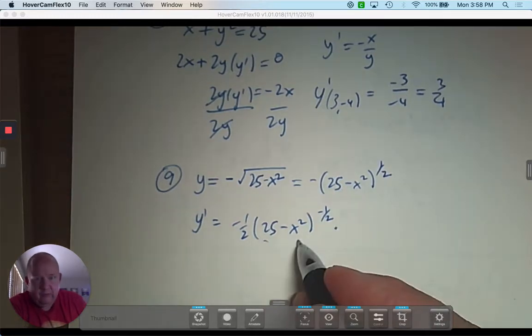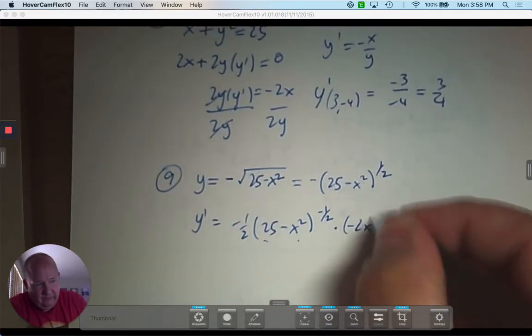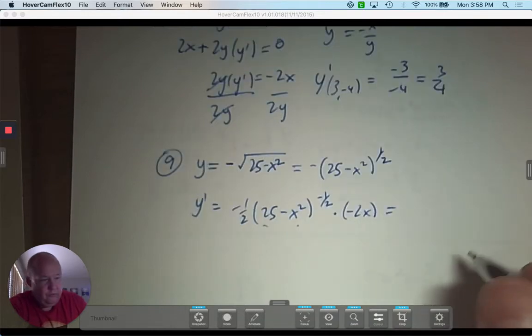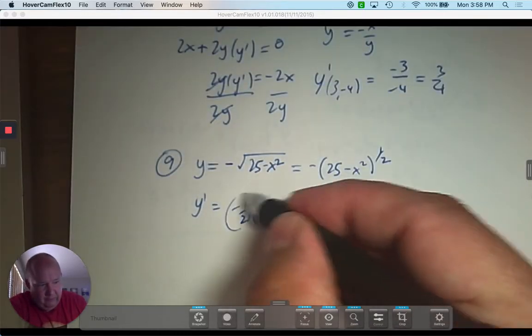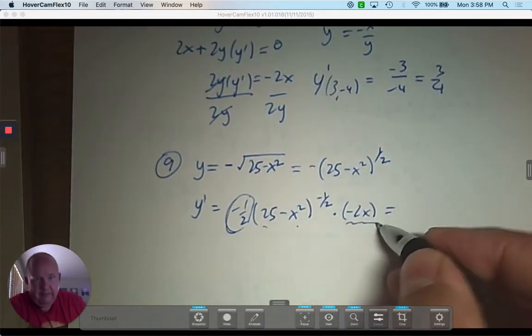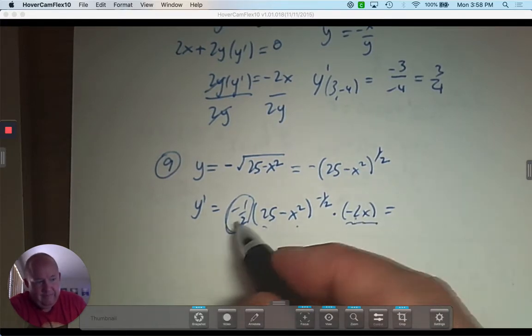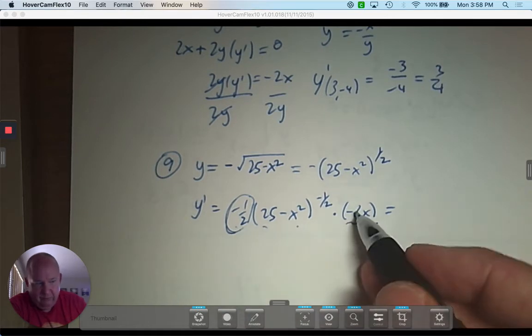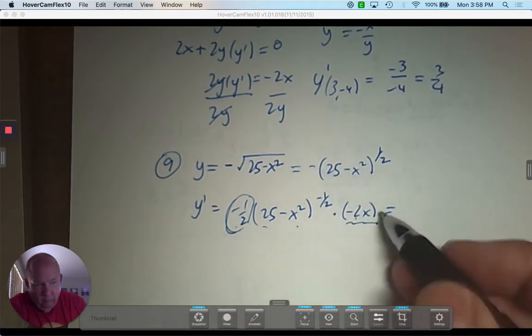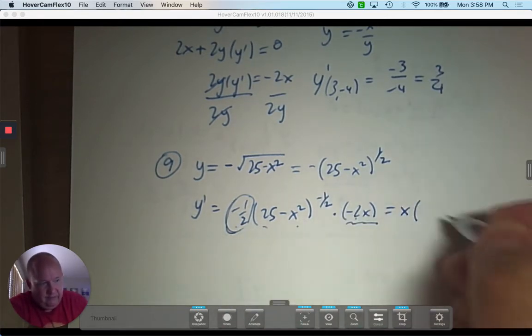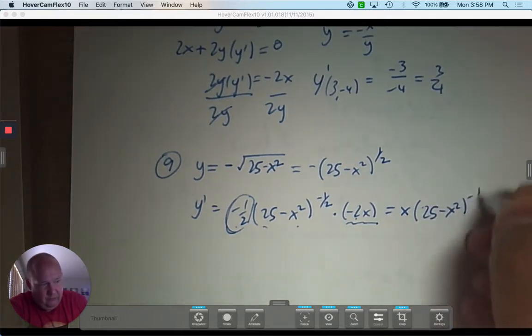So what's the derivative of the base? That's -2x. I'm going to clean that up first. The part that's in front, -1/2, can be multiplied by what's at the end. So -1/2 times -2, a negative times a negative, that's just 1. So it's 1x, and then it's 25 subtract x squared to the -1/2.